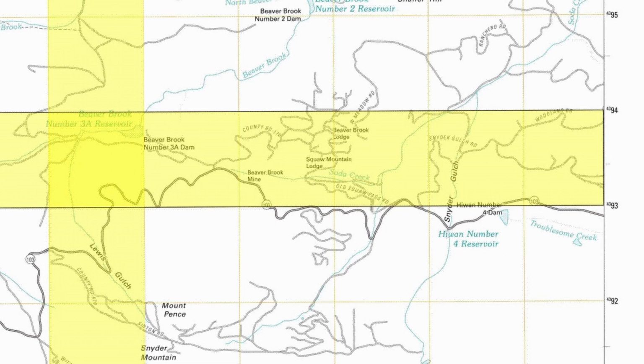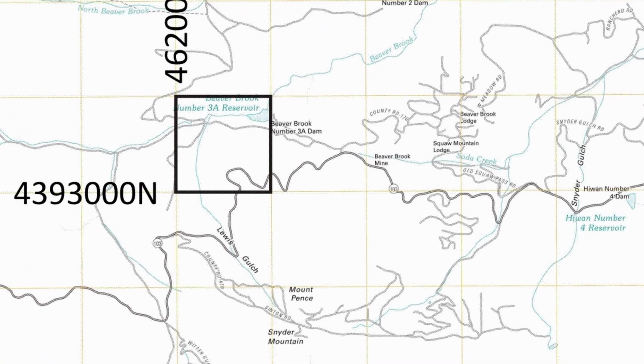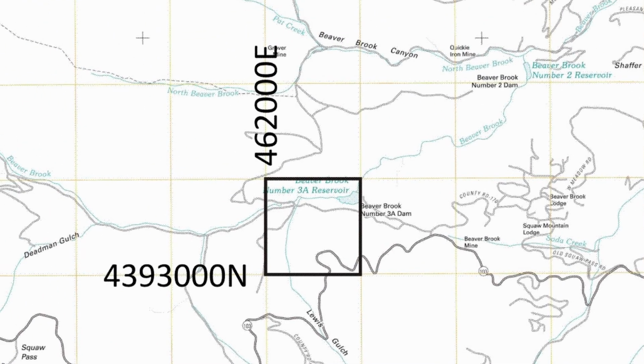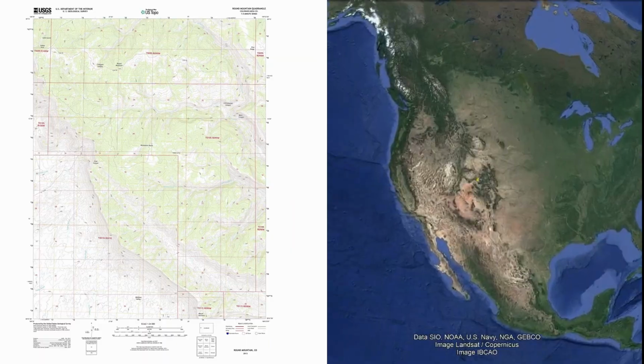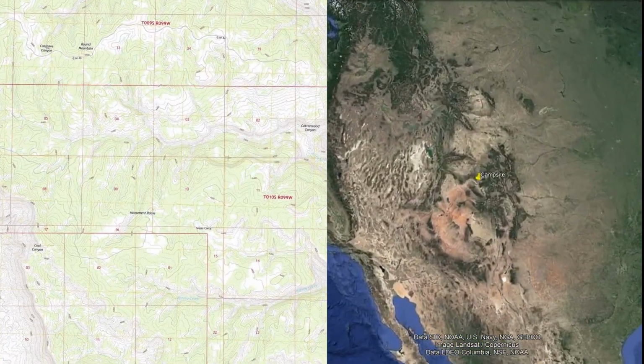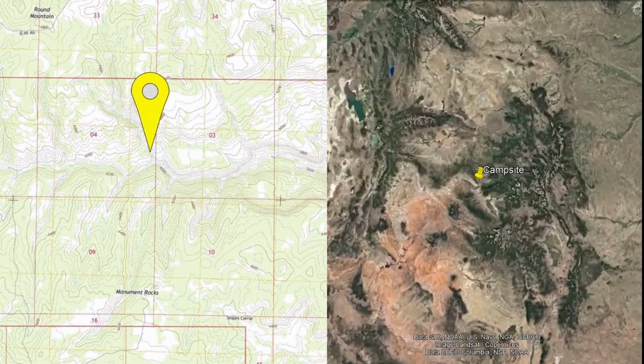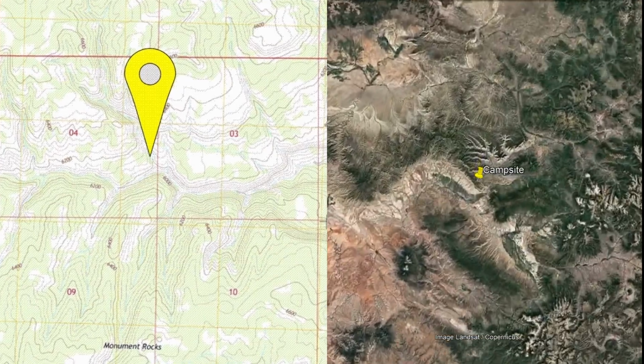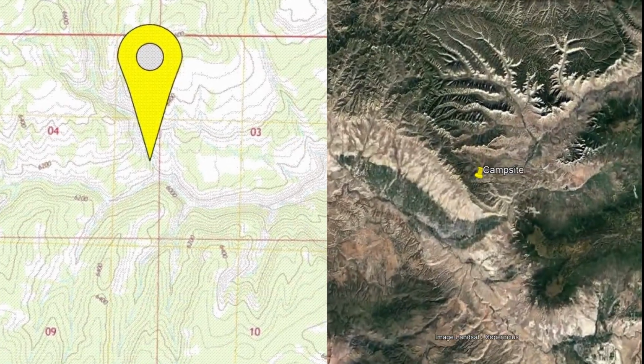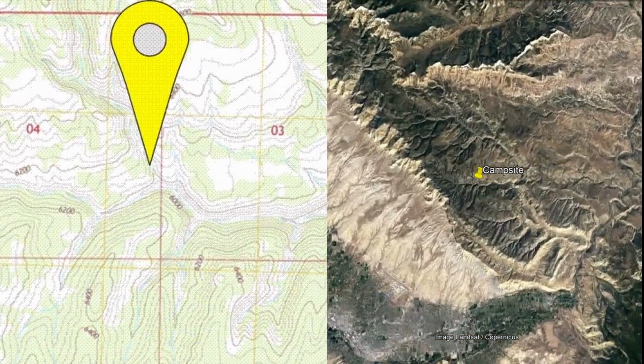As the lines on the map are 1 kilometer apart, the UTM of Beaverbrook Reservoir number 3A is, to within 1 kilometer accuracy, 13 462 000, 4393 000 north. Now, obviously, most of the time you're going to have to give someone a more accurate location than saying something is within a 1 kilometer square.